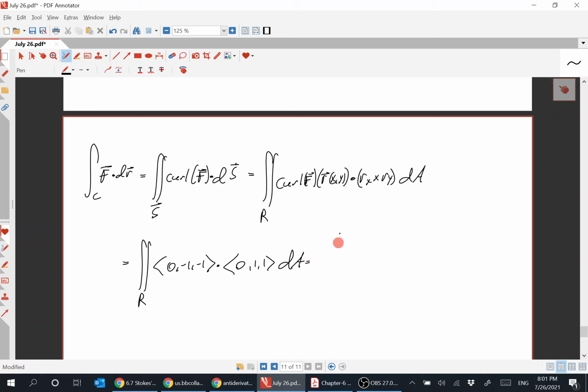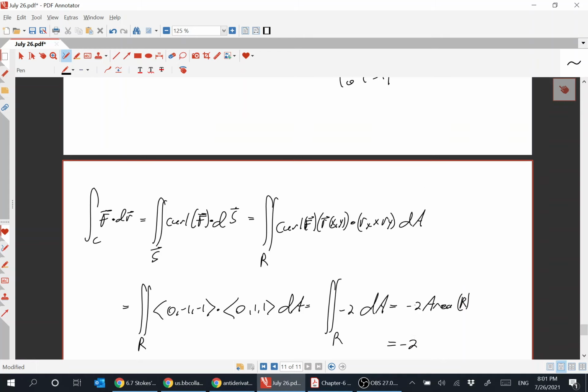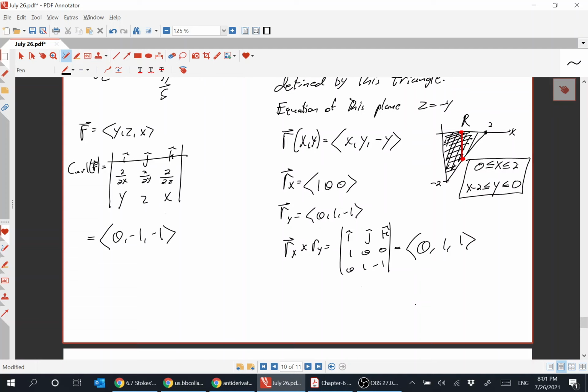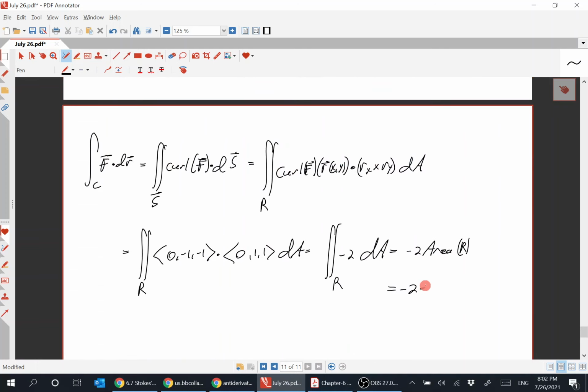So it's minus 2 over R. We didn't even need to get R. So it's minus 2 times the area of R. In this case, the area of this thing is 1/2 the base times the height of that right triangle, so it's 2. So minus 4.